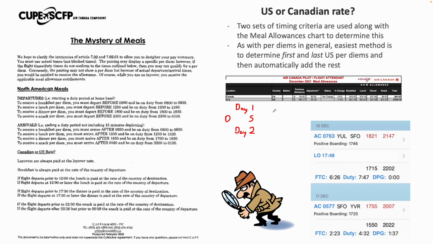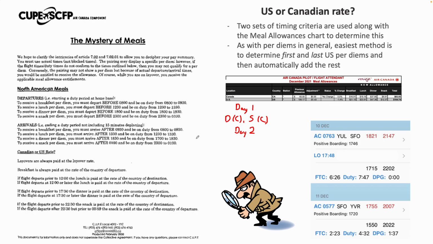So on day 1, we went from Vancouver to Montreal. That's automatically going to mean that everything is Canadian. So the dinner and snack per diem from day 1, those are paid at the Canadian rate.